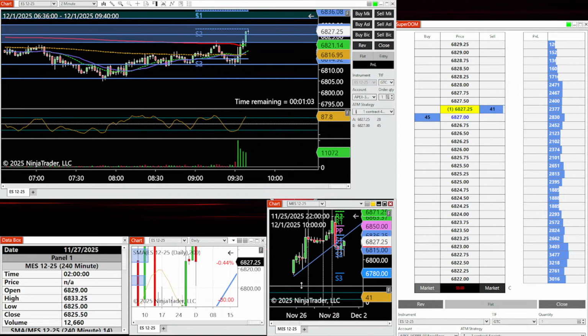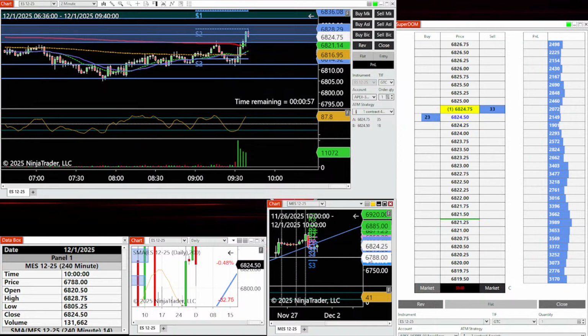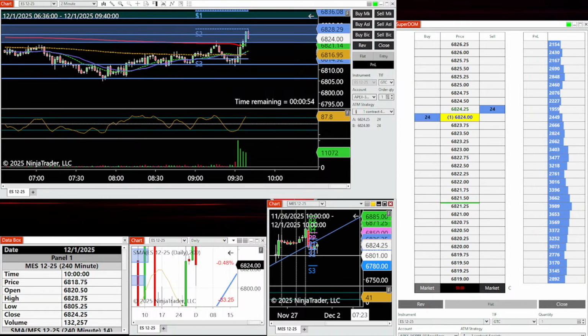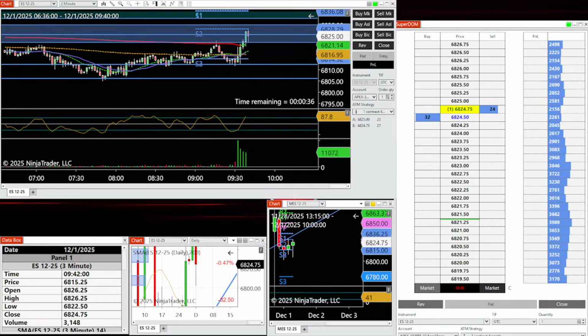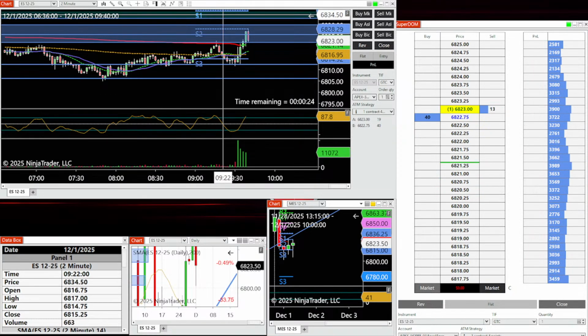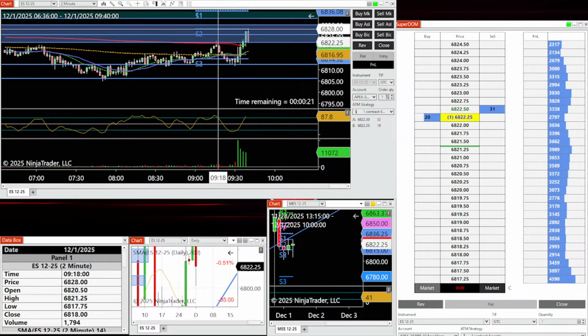There's a trend line here on the 4-hour bar. We came up and tested S2, 28.